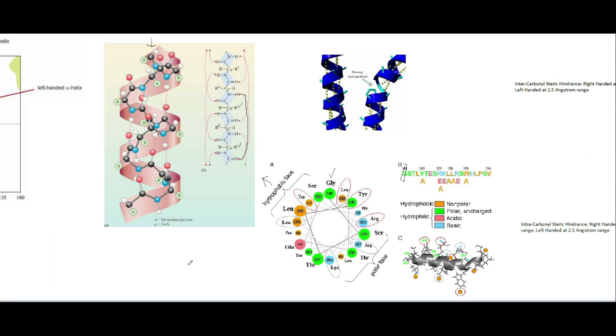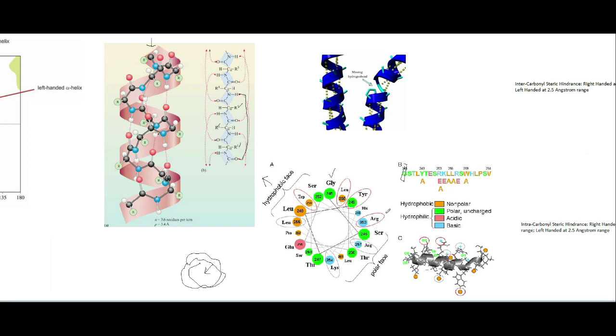So we have our protein globule like this, and this face right here would be facing inward into the protein interior, with this polar face where we have things like arginine and threonine.